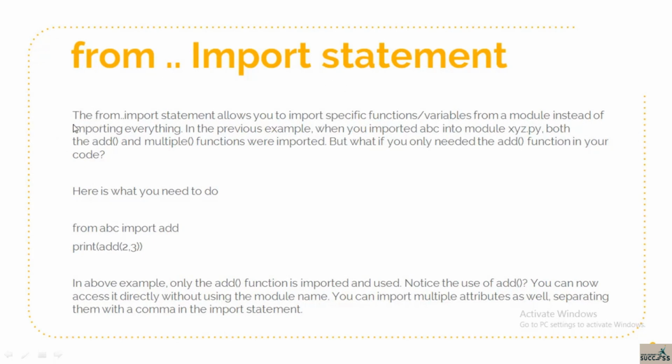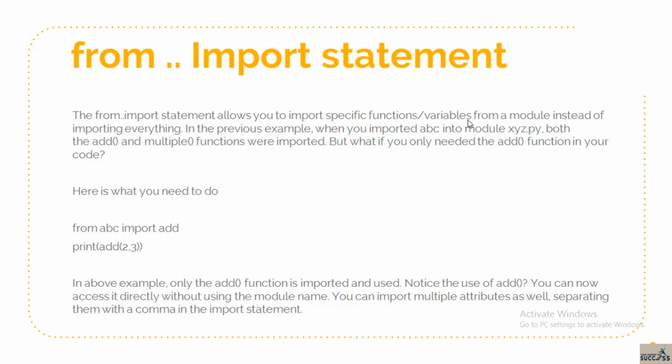This statement, from module name import the variable or function that we want, allows you to import specific functions or variables from a module instead of importing everything. In the previous example, when you imported abc into the module xyz.py, both the add and multiply functions were imported.